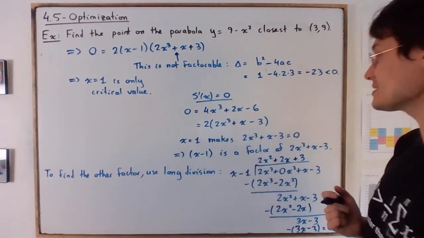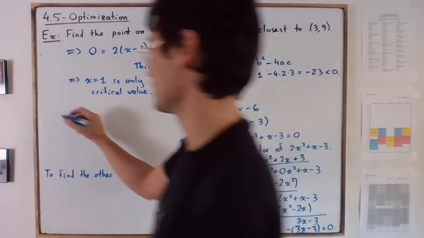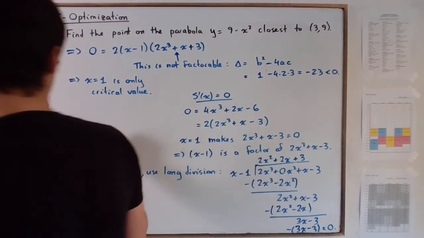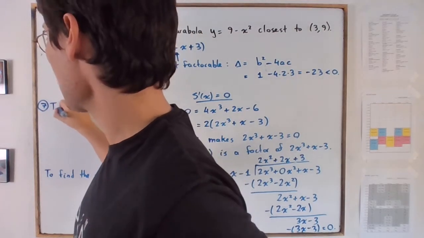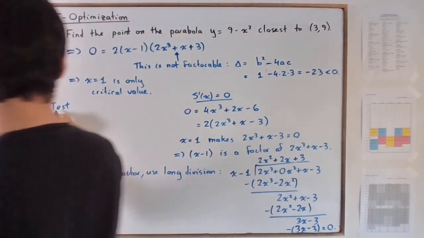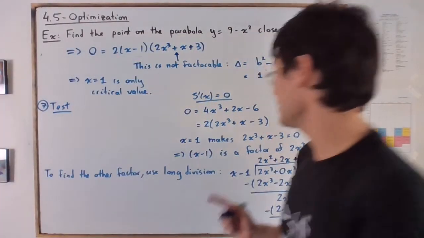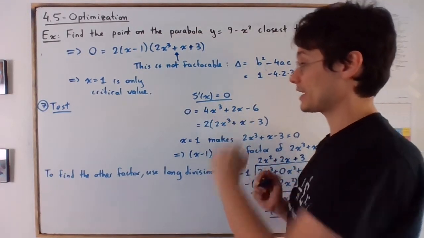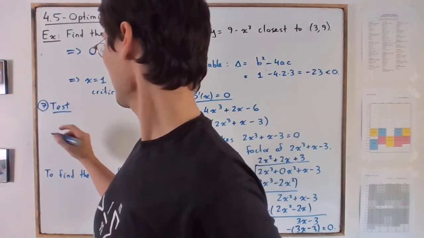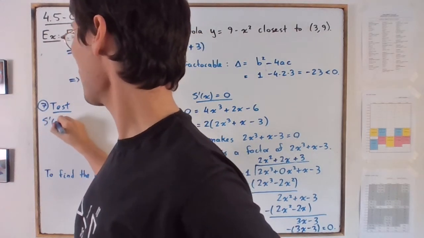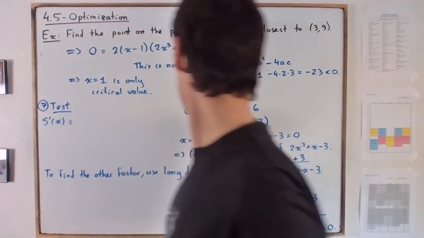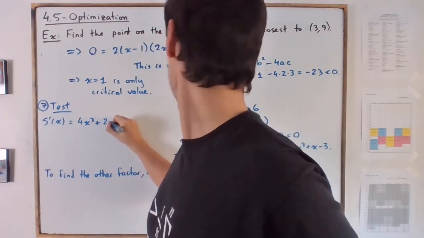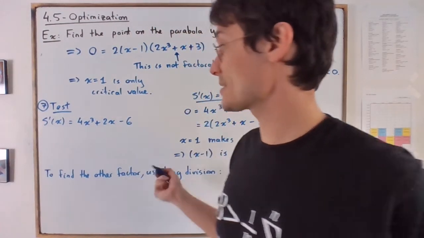And this is step number 7: to do the test. And here we are. We got this function. This is our derivative. So s prime was equal to 4x cubed plus 2x minus 6.